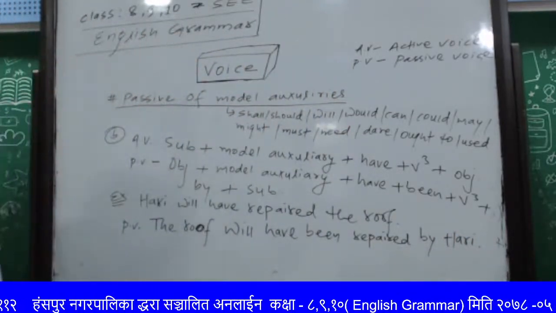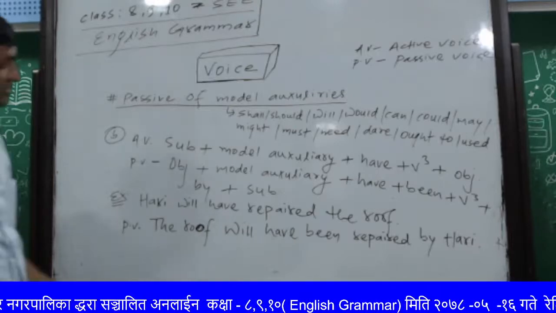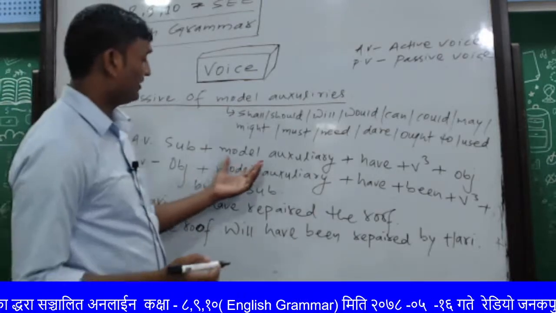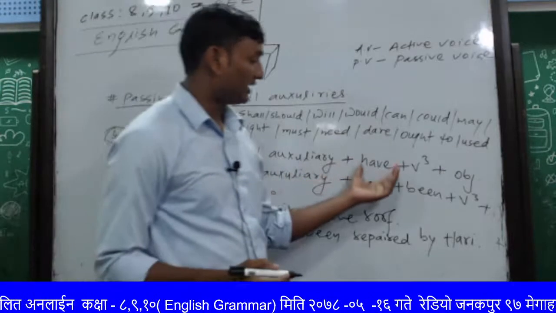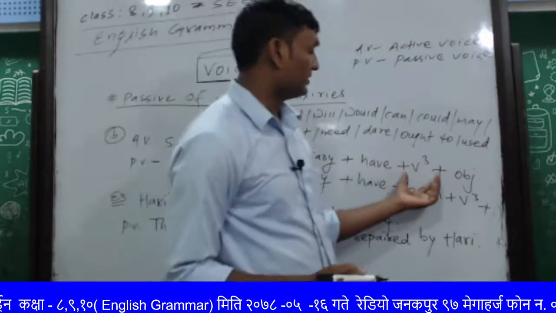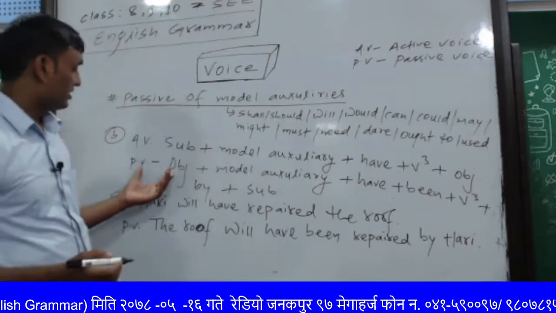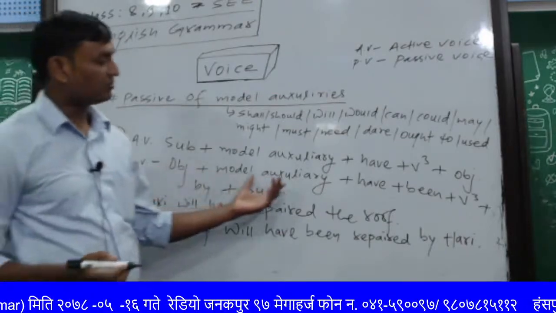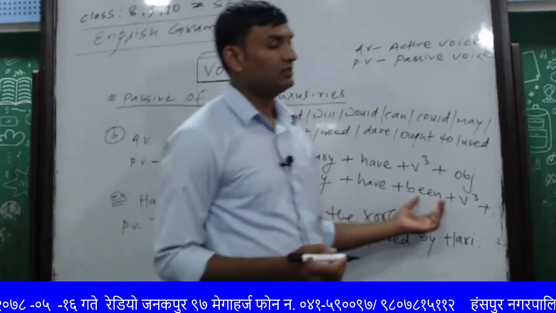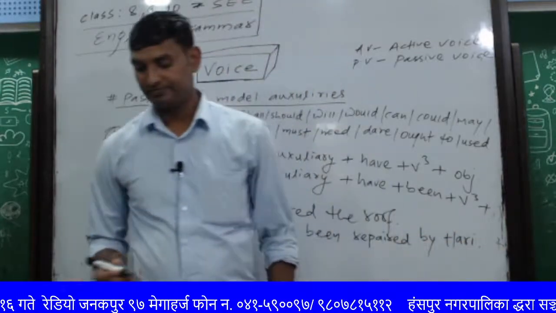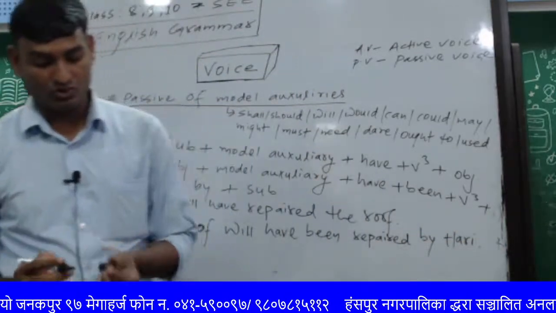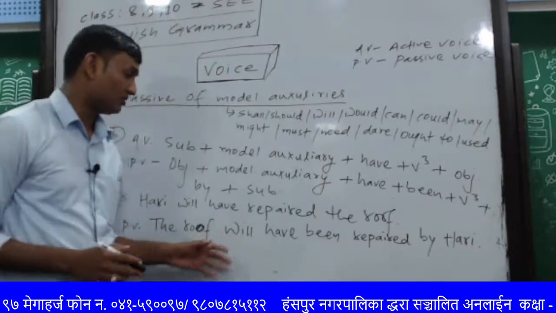In this way we can change. When a sentence has a modal auxiliary, then have, then V3, the passive is object plus modal auxiliary, then have, then been, V3, by subject. The example is also on our board.